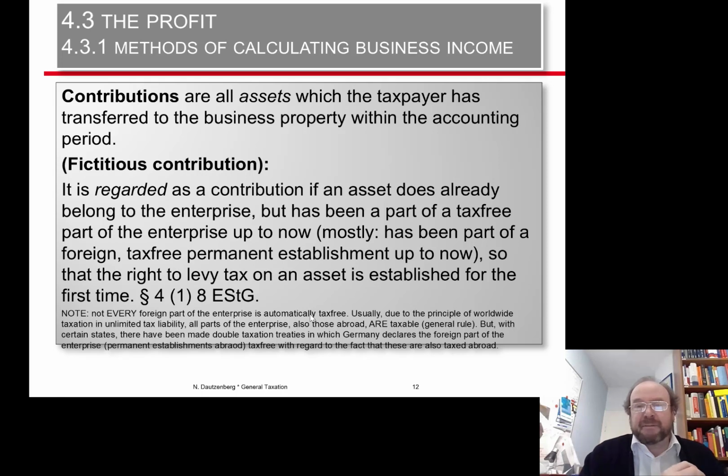And a fictitious contribution into a branch or a part of the enterprise, that would happen if an asset already belongs to the business but has up to now been in a tax-free part of the enterprise, for example, the factory in Paris. And now you take a machine outside the factory in Paris, there the property goes down, withdrawal, and you put it into the headquarter in Germany.